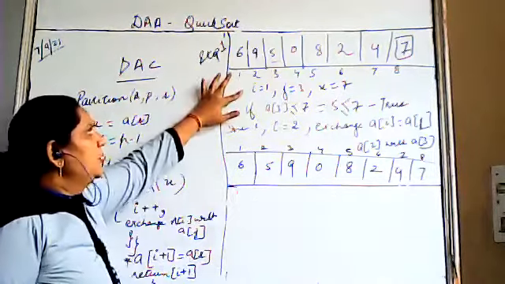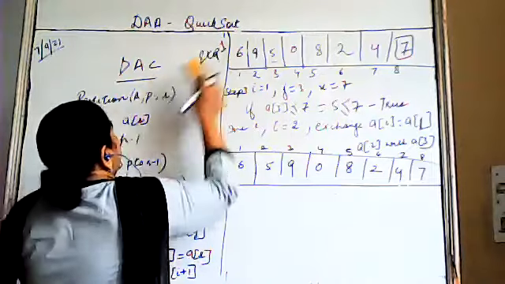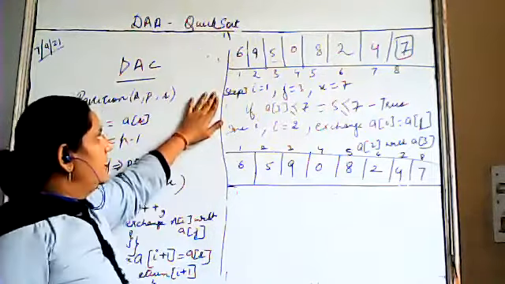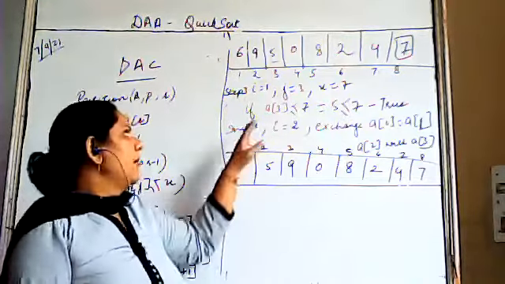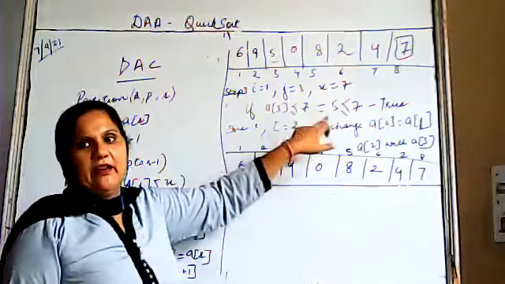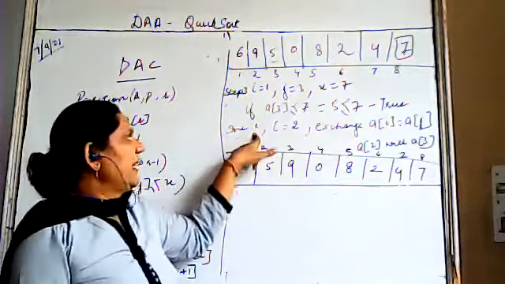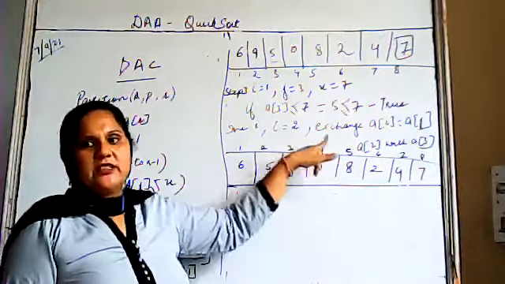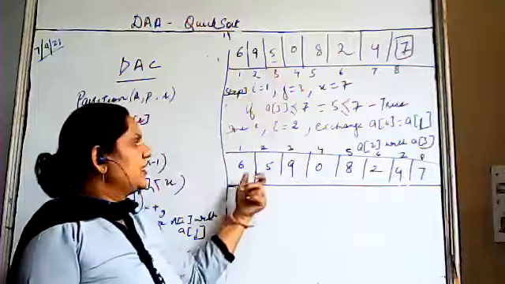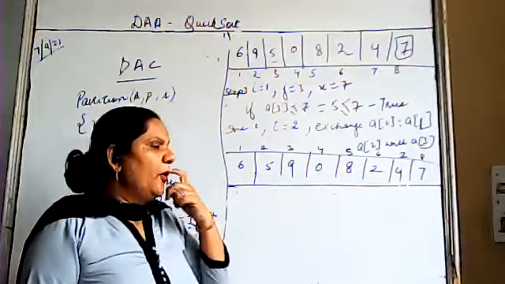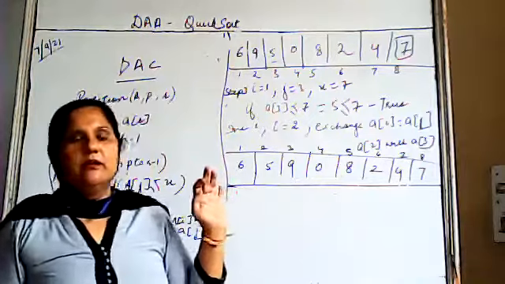See, i is equal to 1, j is equal to 3, x is equal to 7. At index 3 you have the element 5, and here 5 is less than or equal to 7. So condition is true. Then increment i, it will become 2, and exchange a of i with a of j. So we have exchanged 2 and 3. So 6, 5, 9, 0, 8, 2, 4, 7 will be the output of step number 3.